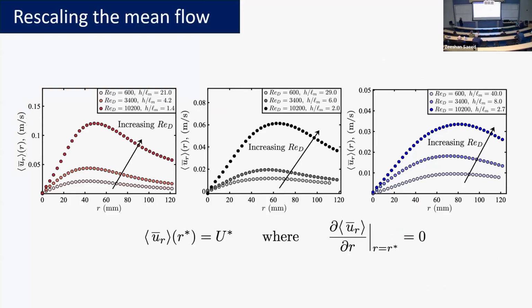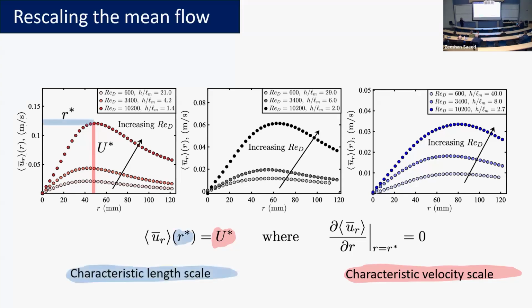What I'm trying to do over here is pick a characteristic velocity scale based on these mean profiles. And how I do it is that I pick the maximum velocity from each of these profiles, okay? And then I take that to be my characteristic velocity scale for normalizing my velocities, just so that I can see if there are any unifying features of the response.